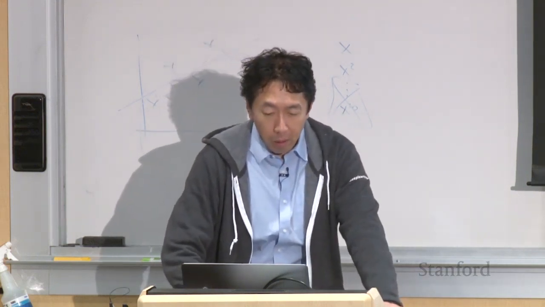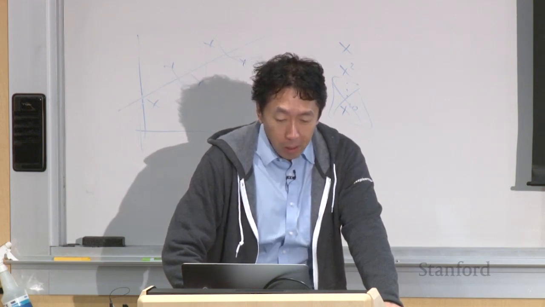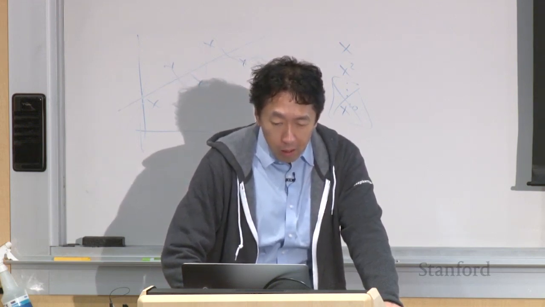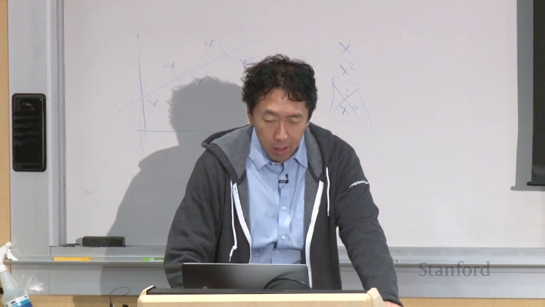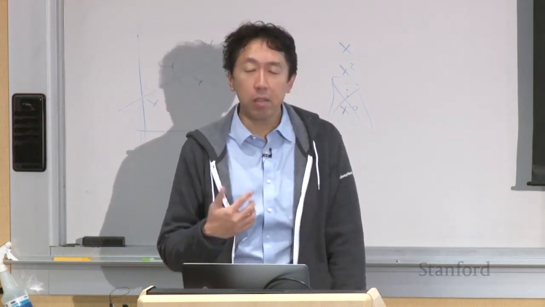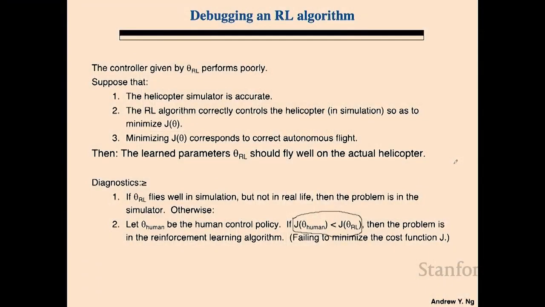Second, this is actually very similar to the diagnostic we used on the spam, Bayesian logistic regression, SVM example. So what we're going to do is measure this equation. Take the cost function J that reinforcement learning was told to minimize.